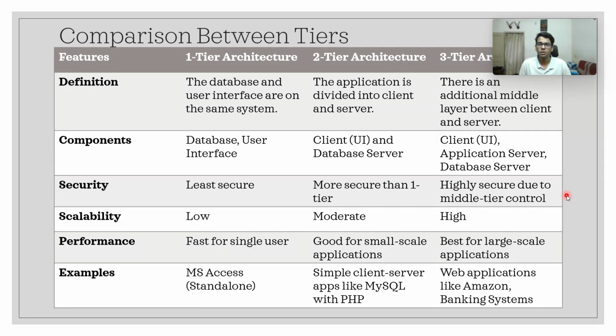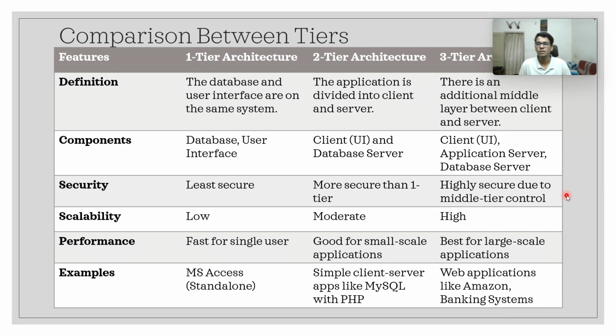In terms of performance, one-tier architecture is suitable during development time, and it is fast for a single user. Two-tier architecture is good for small-scale applications, while the three-tier architecture works best with larger applications.